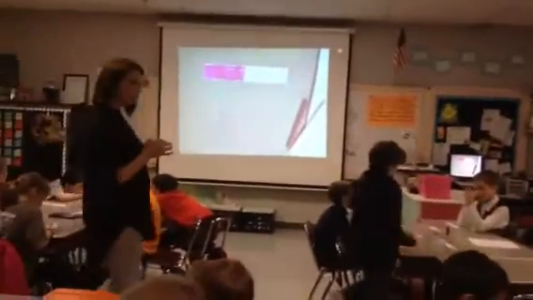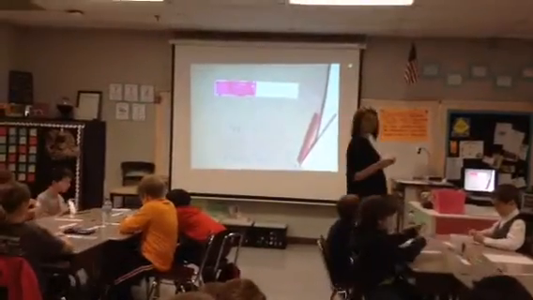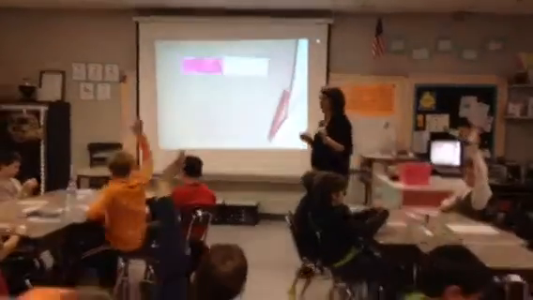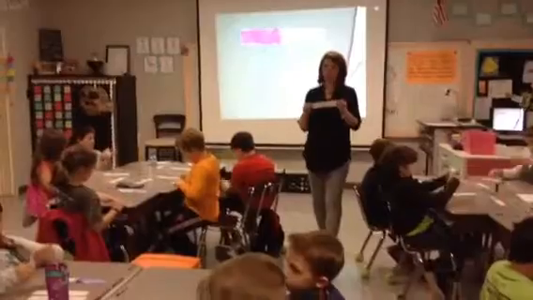Take another one of your fraction strips, please, and fold it into fourths. What would be an easy way for me to fold this fraction strip into 4 equal parts? Yes, Tanner?